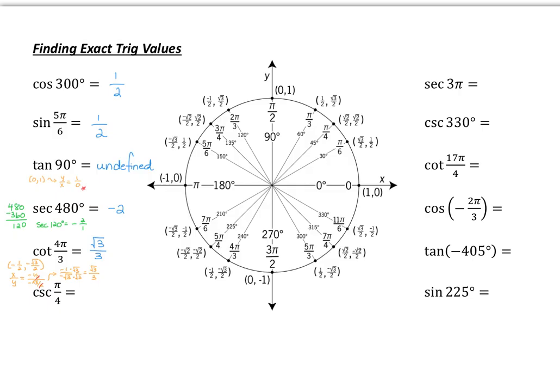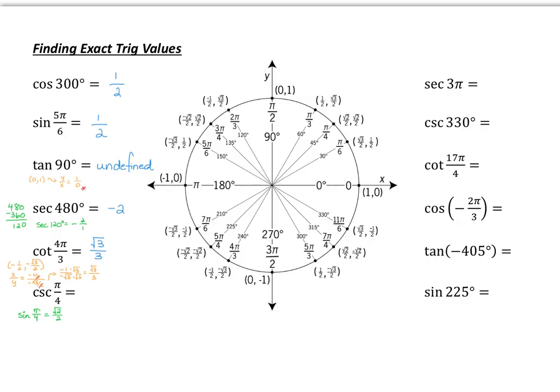Pi over 4 is right here in the first quadrant. Cosecant is the reciprocal of sine. And so my thinking here is that sine of pi over 4 is radical 2 over 2.